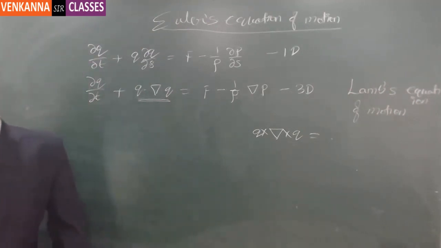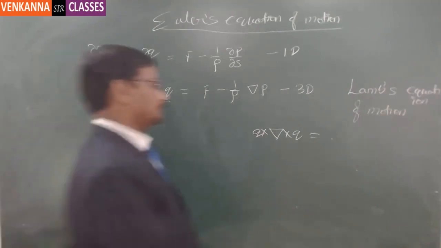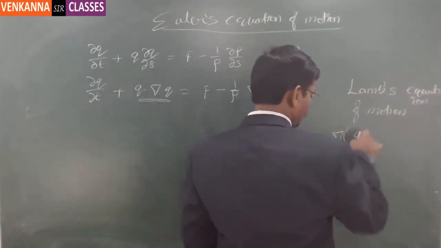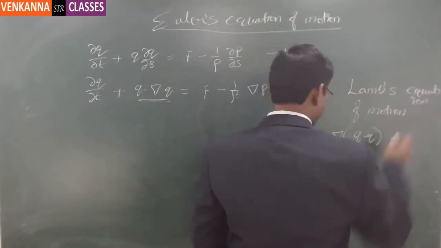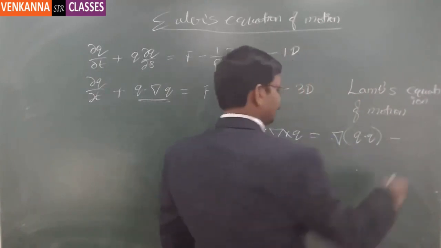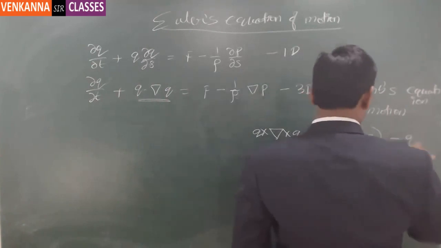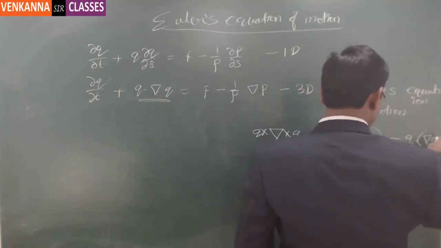What is the vector identity? So this is del of q dot q minus q dot del q.